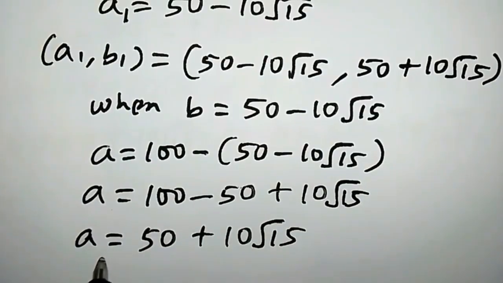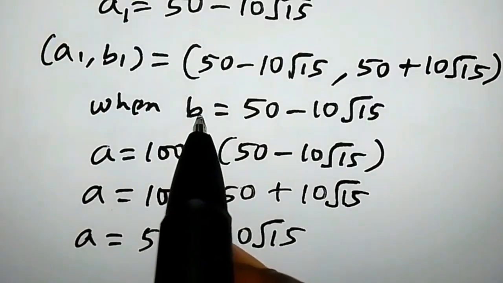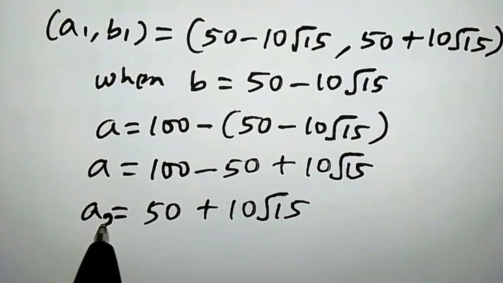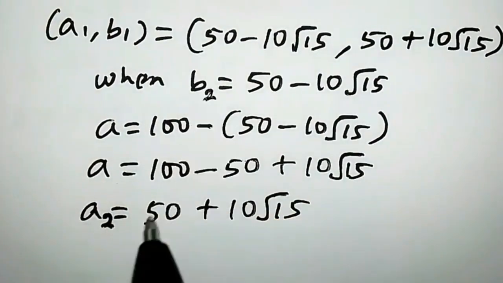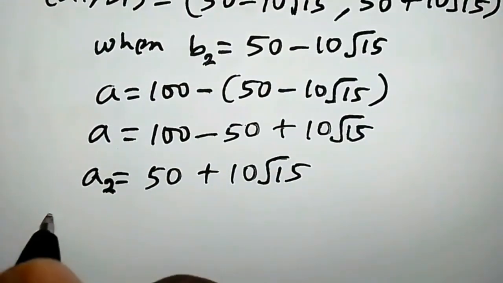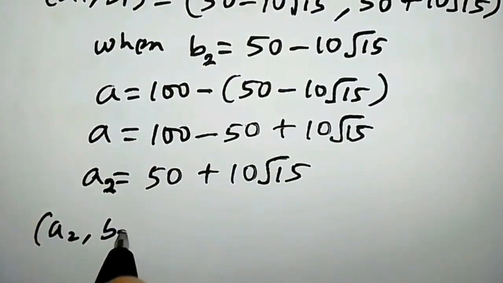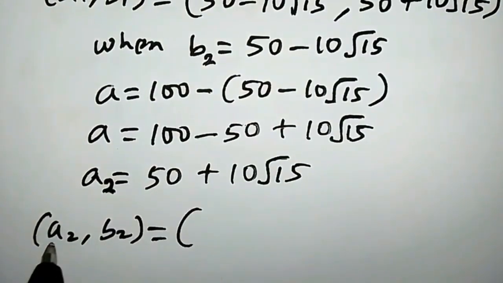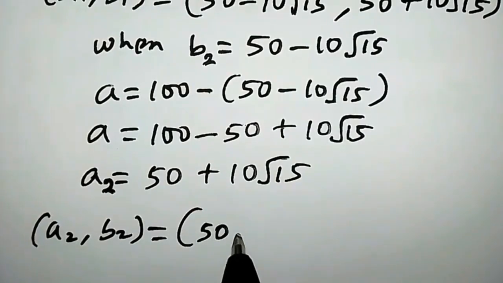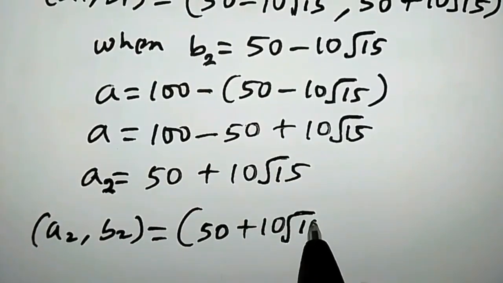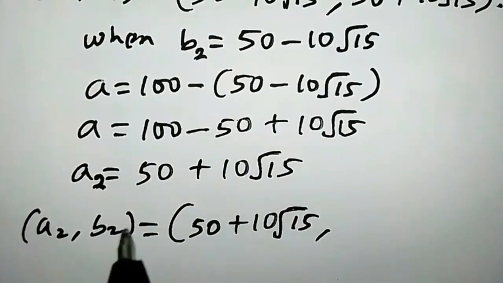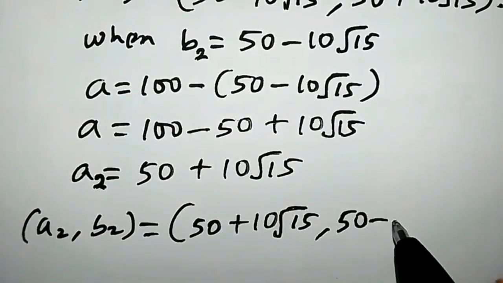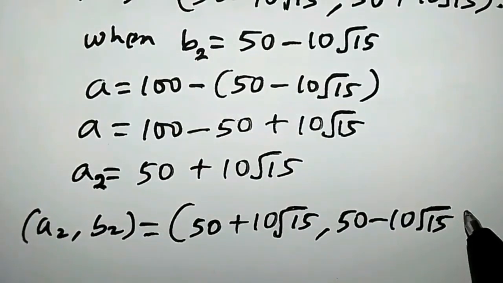This is the second value of a, and this is the second value of b. Let's call this a2 and this b2. This means that a2 comma b2 is equal to: a2 is 50 plus 10 root 15, and b2 is 50 minus 10 root 15. This is the second solution.